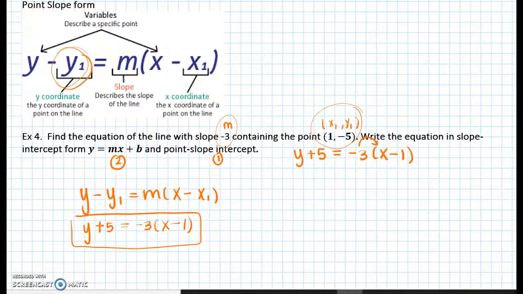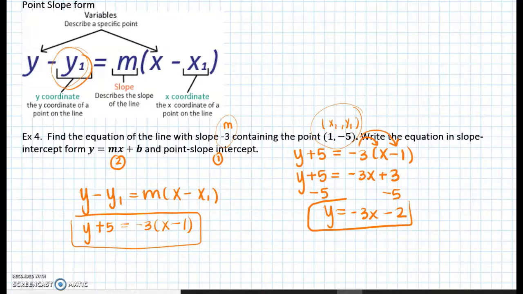So you're going to distribute the negative 3x plus 3, and then now you have to isolate the y, so subtract the 5 over to the other side. And there you go. There's your slope intercept form.